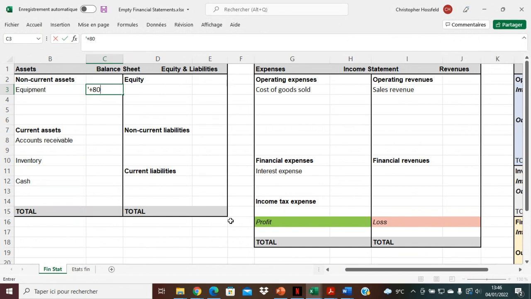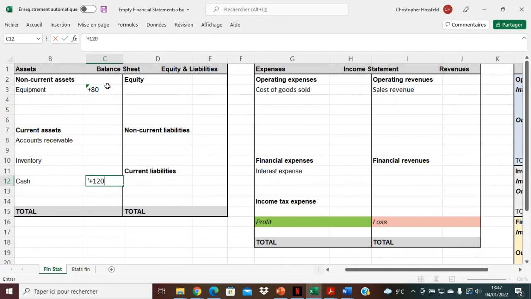Equipment is a long-term asset, so I put it here in non-current assets. I'll explain later what that means, but it doesn't matter. Cash is also an asset, and the shareholders provide 120 in cash. The cash position of the company, which is basically empty because it's a new company and this is its very first transaction, also increases by 120.